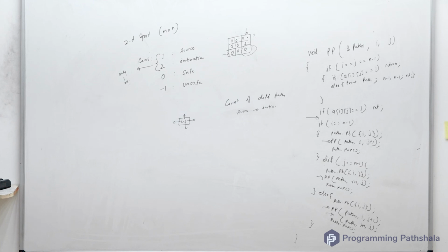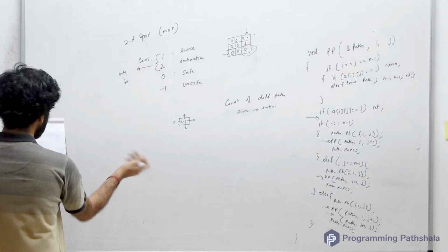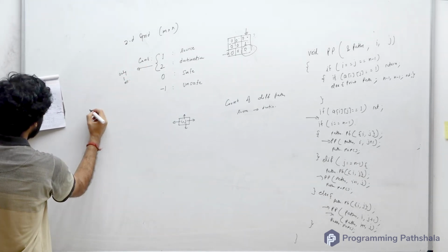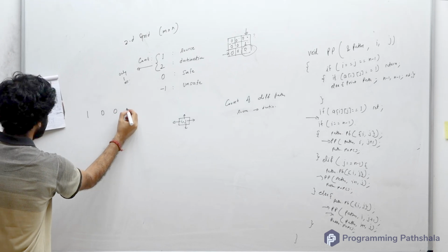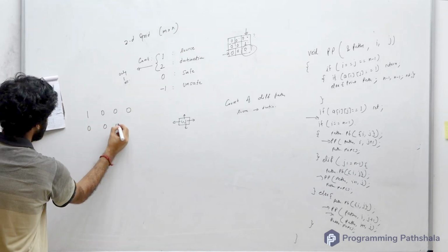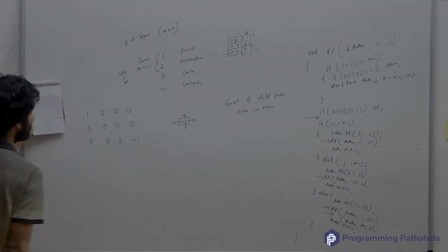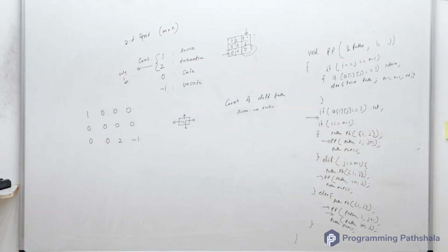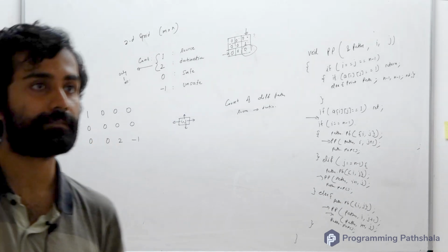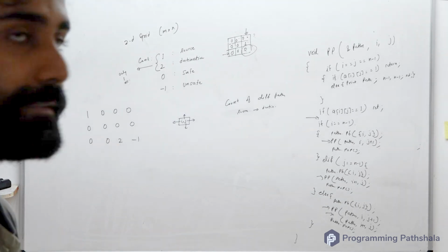Let us take an example. You had a grid which looked like 1, 0, 0, 0, and then 0, 0, 0, 0, and then 0, 0, 2, and -1. Can you see some paths in this which help me reach from this 1 to this 2? I'll talk about time complexity, do not worry.